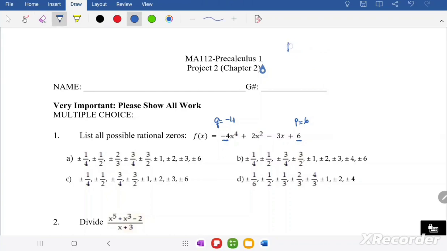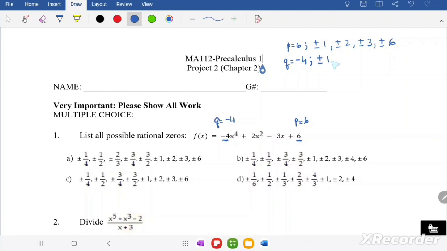So I'm going to write P equals 6 and express that in factors. So plus minus 1, plus minus 2, plus minus 3, and plus minus 6 are all the factors of 6. Now we take the value of Q, which is -4, and find factors of that.